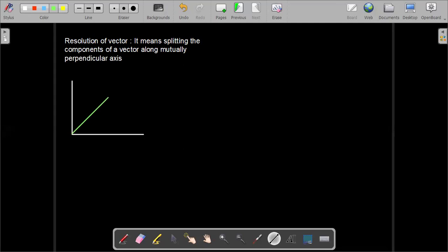Suppose I have a vector R, and I am breaking this vector R into two components. Suppose the vector R makes an angle theta with the x-axis, and here we have our y-axis. I want to find out what component of R is acting along the x-axis and what component of R is acting along the y-axis.